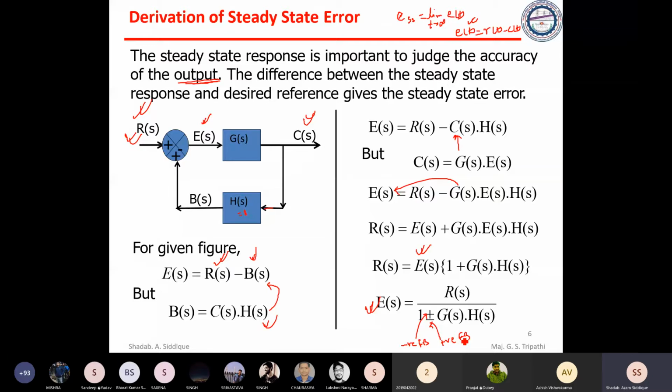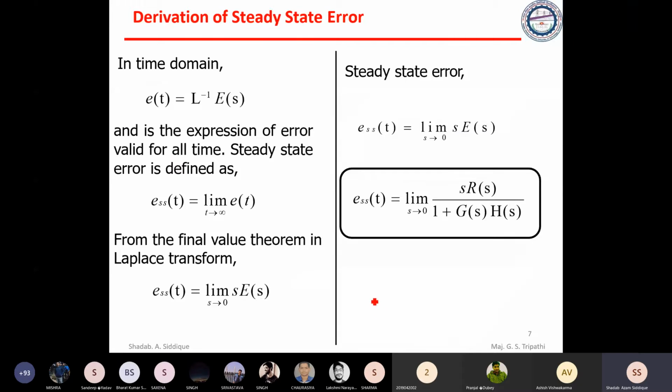If we want to find it in the time domain, we go to the final value theorem. Take the Laplace inverse of this. So in the time domain, E(t) is equal to the Laplace inverse of E(s). The steady state error is defined as E_ss equal to the limit of E(t) as t tends to infinity.